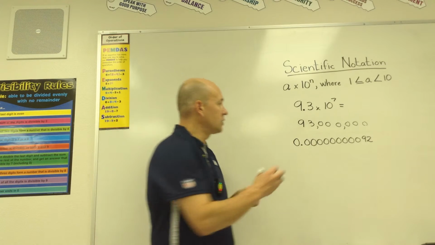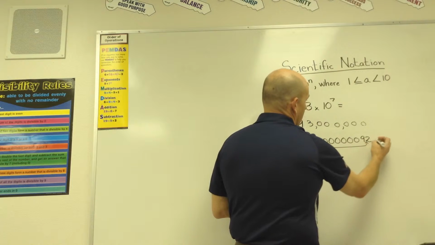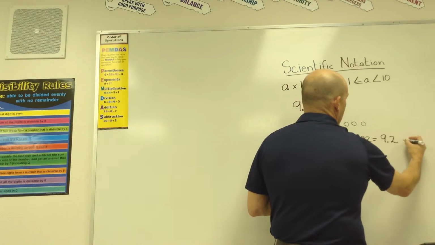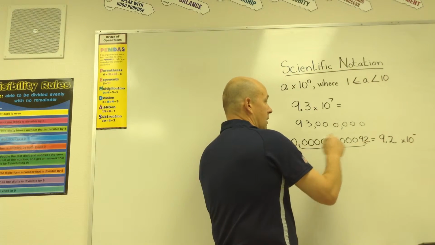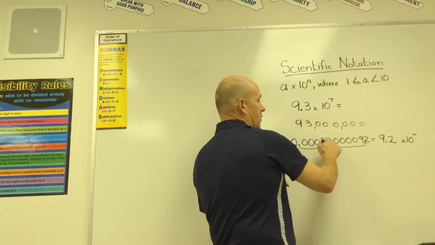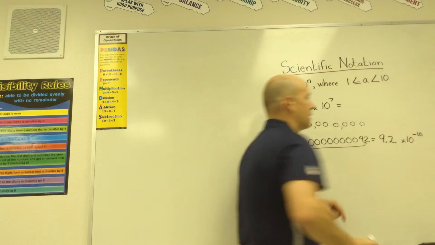Writing this in scientific notation, we would take that decimal point and move it clear down here. And we'd say, well, that's 9.2 times 10 to some negative power because we moved the decimal point that way. So 1, 2, 3, 4, 5, 6, 7, 8, 9, 10. So it's 9.2 times 10 to the negative 10th.